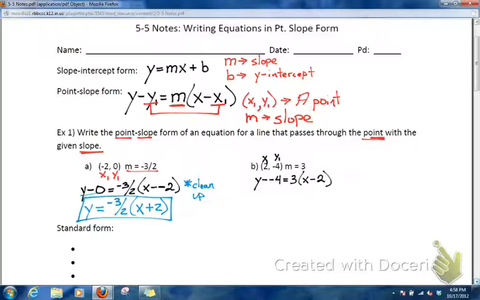And then again, we're pretty much done unless we need to clean something up. And in this case, the only thing we need to clean up is this minus a minus right here. So our answer is going to be y plus 4 equals 3 times the quantity x minus 2. And you're done. That is your point-slope form.